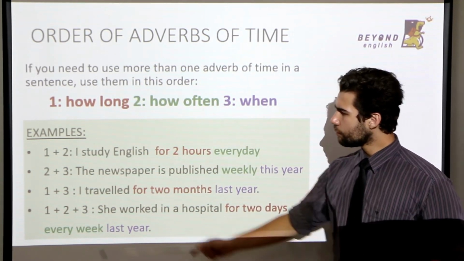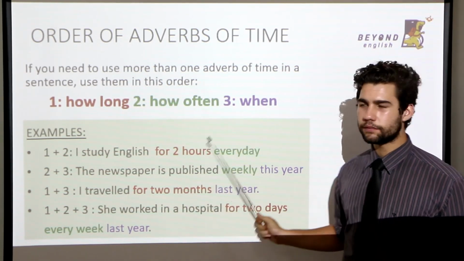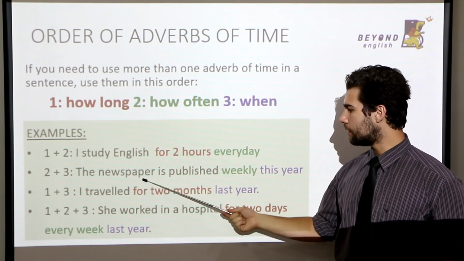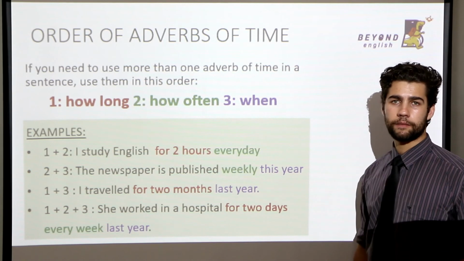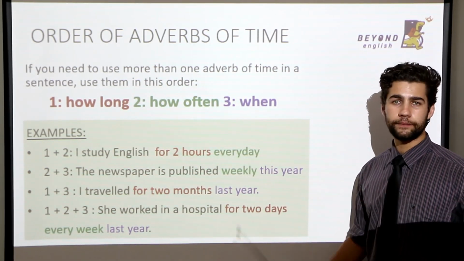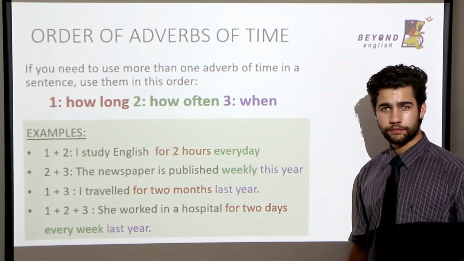Next, we have 2 and 3. How often and when? The newspaper is published weekly this year. How often? Weekly. When? This year.